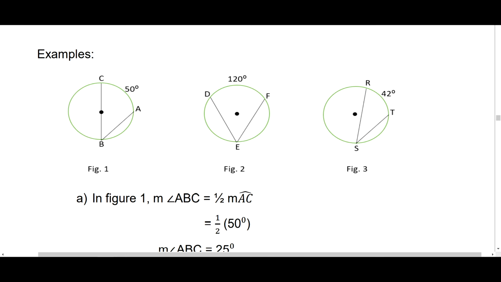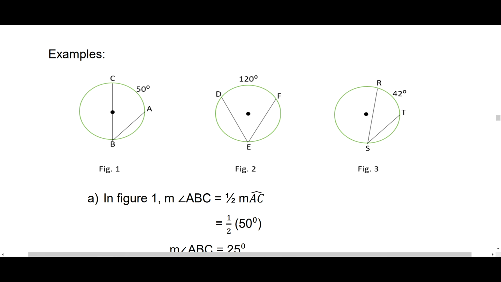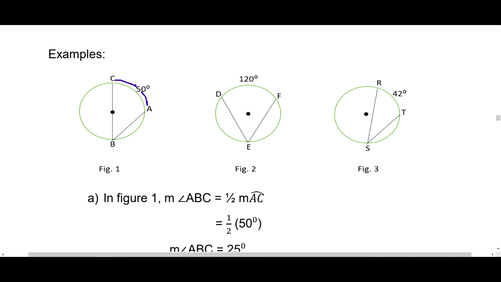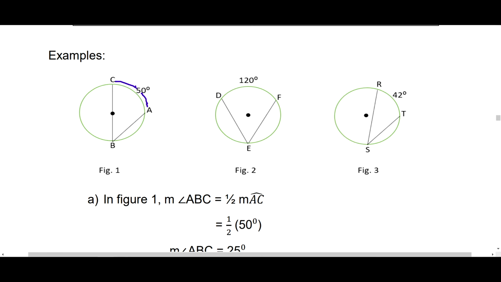If this arc is 50, anong kalahati ng 50? That is 25. So, si angle CBA is equal to 25. Kapag ang binigay sa'yo is yung angle 25, ano yung arc CA mo? Times 2 lang. That's 50 degrees.